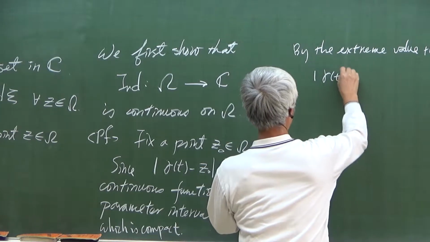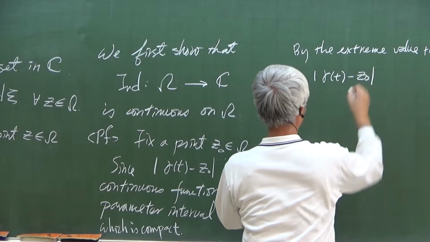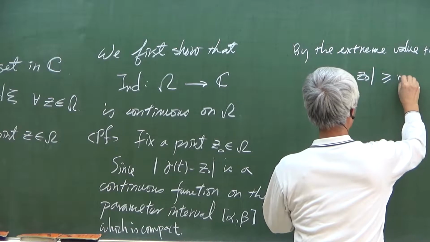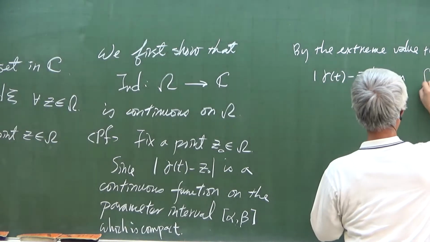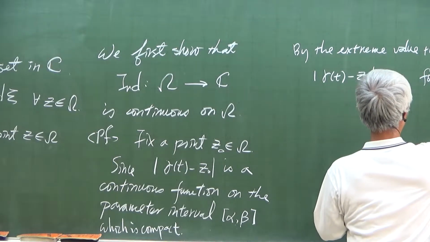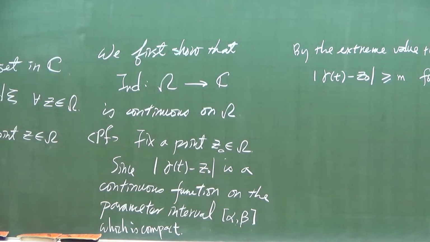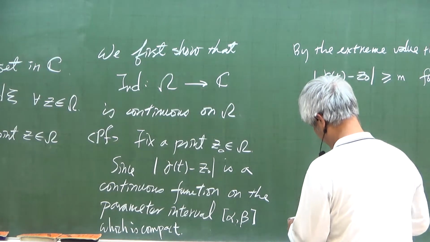the absolute value of gamma(t) minus Z0 is greater than or equal to the minimum, for some t.